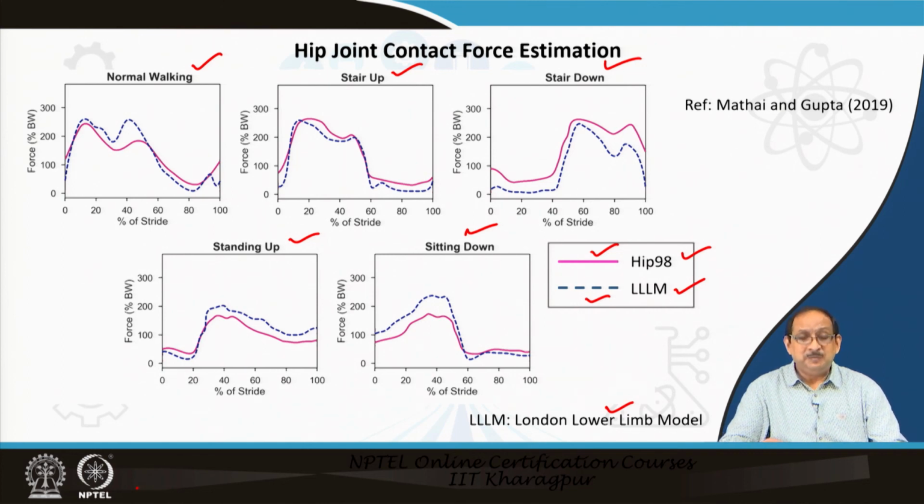So, the figure actually presents a comparison of the hip joint forces estimated from the musculoskeletal model and the in vivo measured data of HIP 98. So, it is observed from the figures presented in the slide that the hip joint force estimated using the musculoskeletal model, London lower limb model, is very well comparable to the in vivo measured force at the hip joint of HIP 98 database.